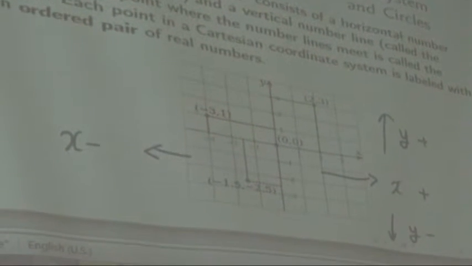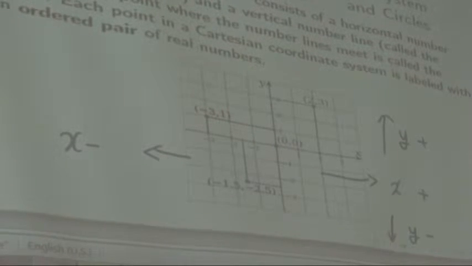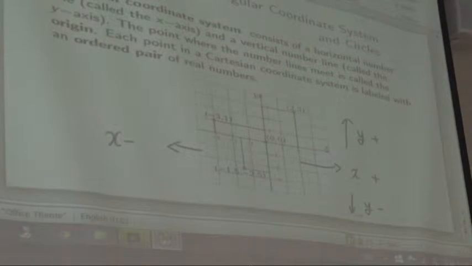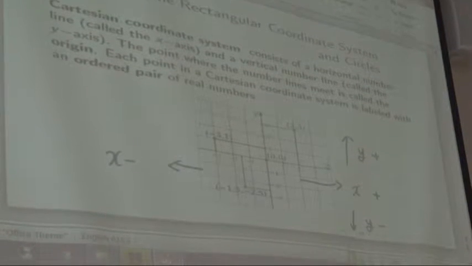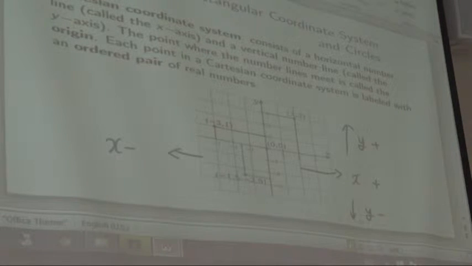For example, the point (2, 3) means x is 2 and y is 3, which is in the upper right corner. We call that the first quadrant, and I'll explain that later. Then (-3, 1) means x is -3 and y is 1. And (-1.5, -2.5) means x is -1.5 and y is -2.5.